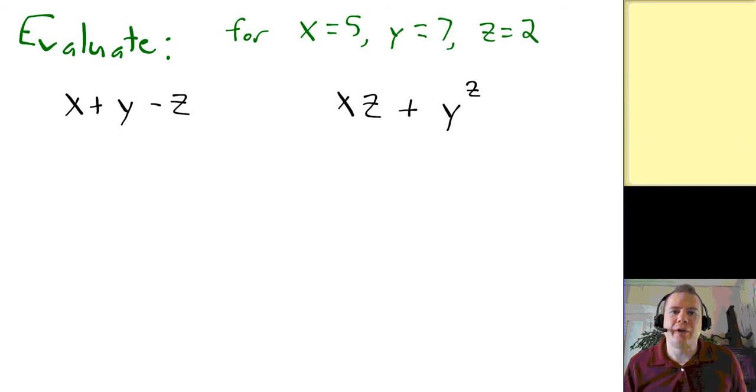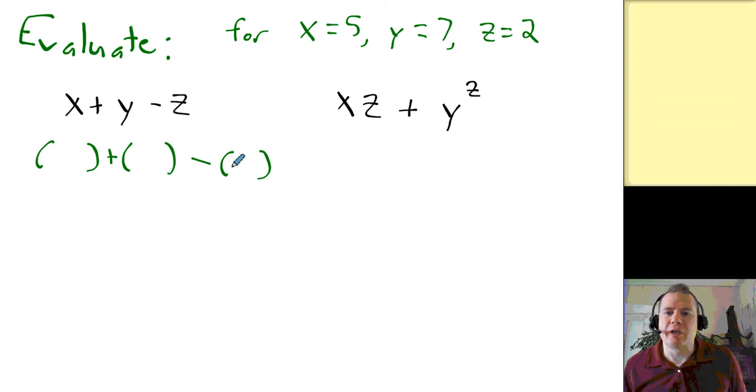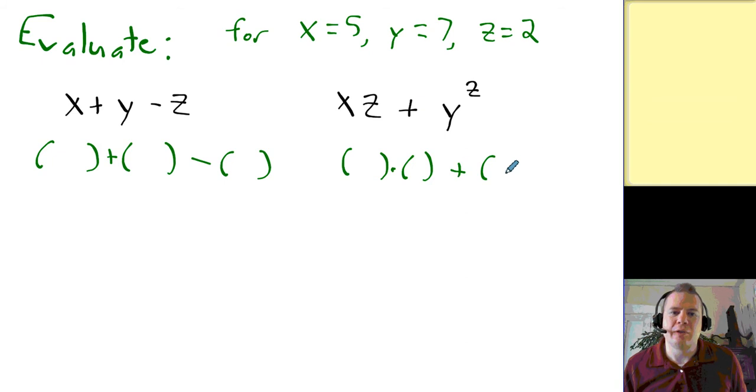And now that I have numbers here, instead of x, I can write in its number. Instead of y, I can write in its number. And instead of z, I can write in its number. Same thing over here. Instead of x next to z, I can put in their numbers here, plus this thing raised to this power.